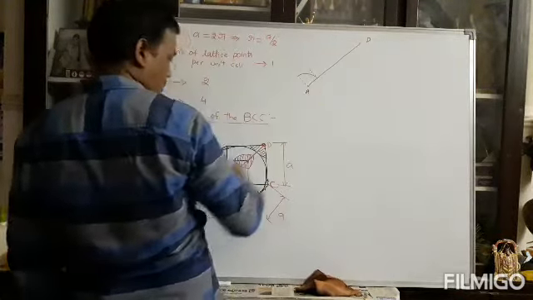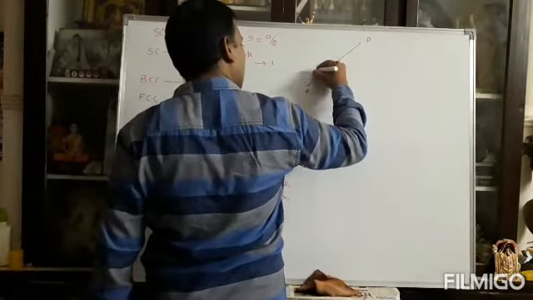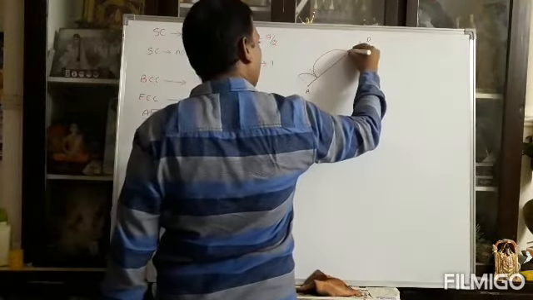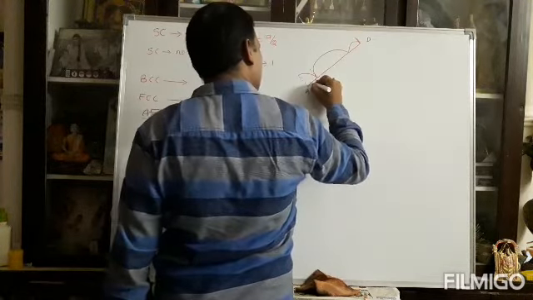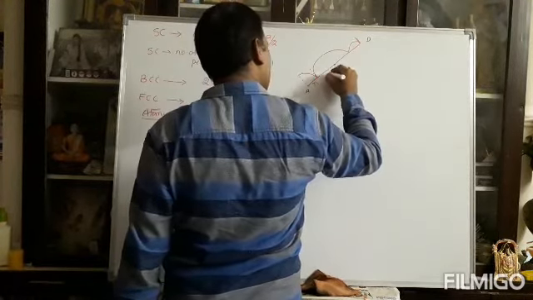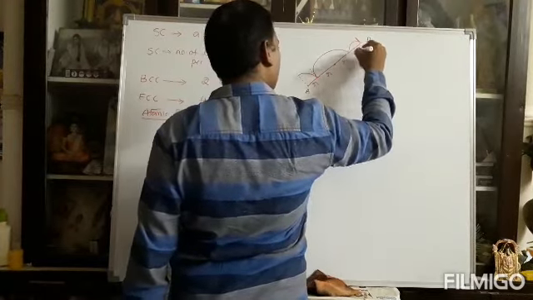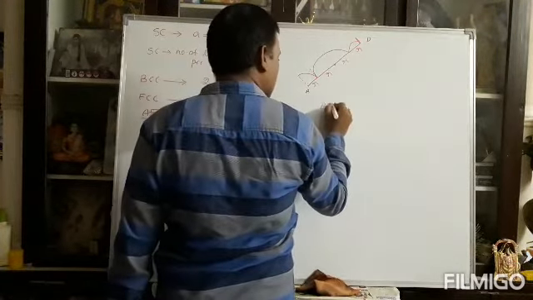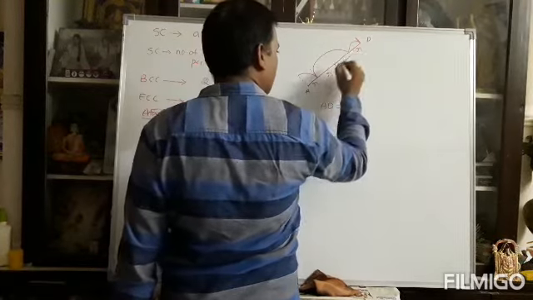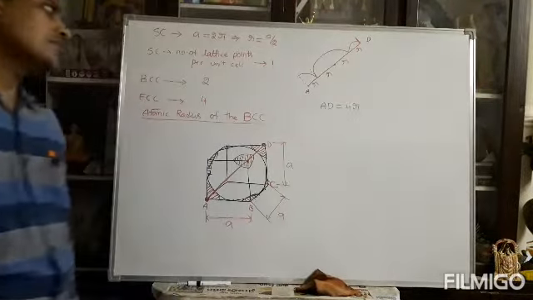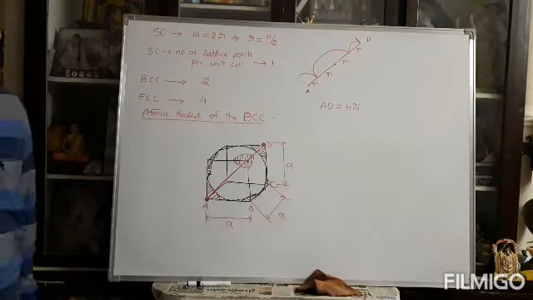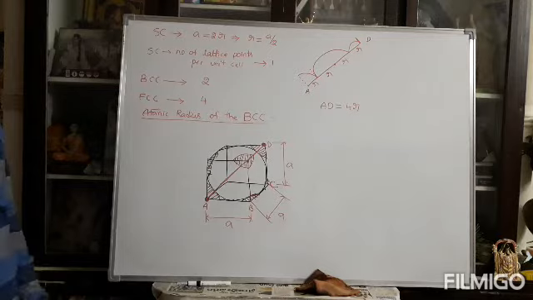Next, the remaining body centered atom is complete, with the remaining 1/8 portion. This is radius R, the center is R, R, R. According to the radius, the distance AD can be taken as R plus R plus R plus R, nothing but 4R. So in terms of atomic radius, the body centered atom is covered, and the AD value is equal to 4R.